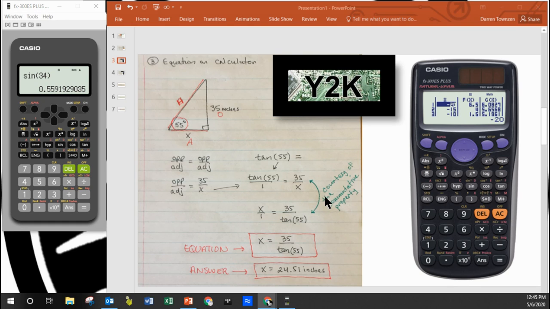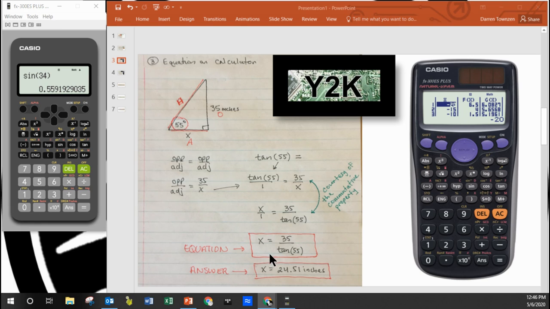So courtesy of the commutative property switch, we can write the proportion like this, or we can write the proportion like this, and it's the same thing. Tangent 55 times x is the same as x times tangent 55. The difference is when we make the switch and we take the numerator from this fraction and the denominator from this fraction and switch places, now we have x over 1 on the left, which is just x, and we have 35 over the tangent of 55 on the bottom. That is our equation.